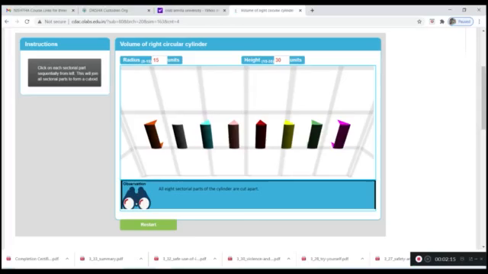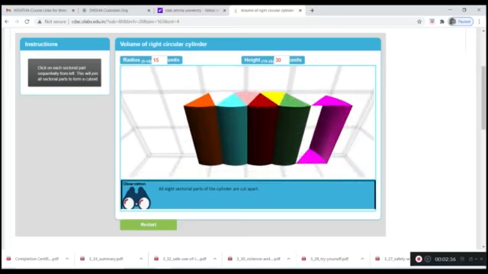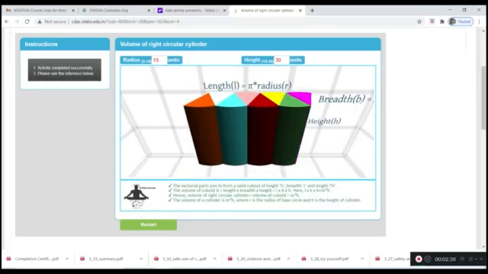Then we will arrange the 8 sectorial parts to form a cuboid like this. All the sectorial parts should be arranged like this to form a cuboid. So here this is the cuboid having length L, breadth B and height H.